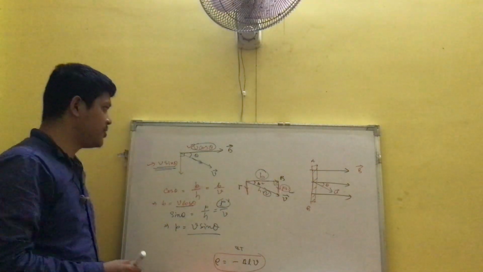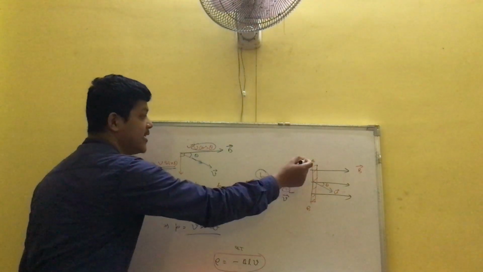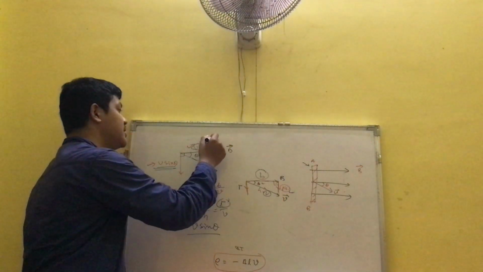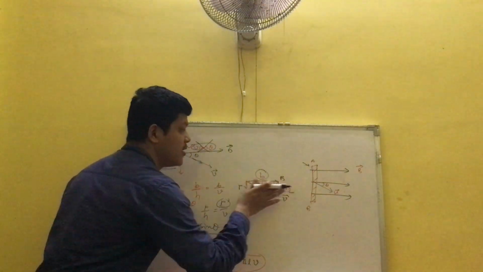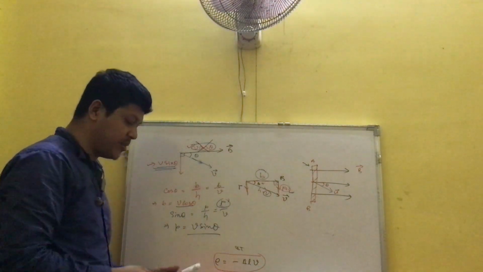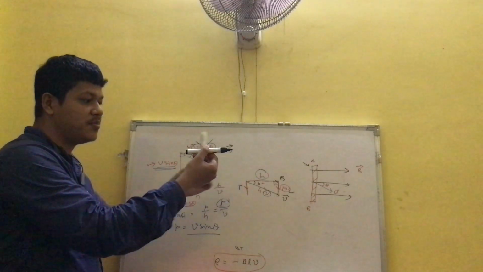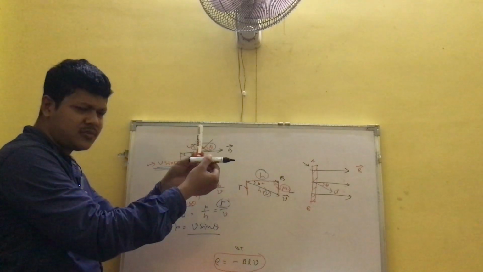Now here you see, we are not going to consider this component. To find the EMF in this rod, we are not going to consider this component of the velocity, because if the rod moves in the direction of B, the direction of the magnetic field, suppose, and you are moving this rod along this magnetic field, then what will happen?